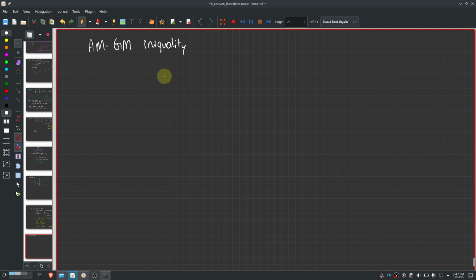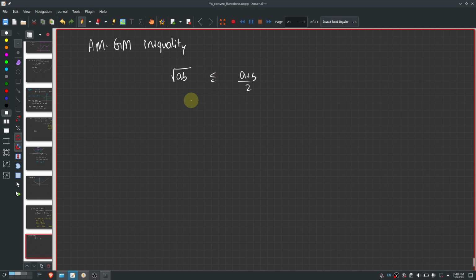It's root AB. And what is the arithmetic mean? A plus B by 2. So if I take any two numbers, the geometric mean is going to be less than or equal to the arithmetic mean. So this is the AM-GM inequality.